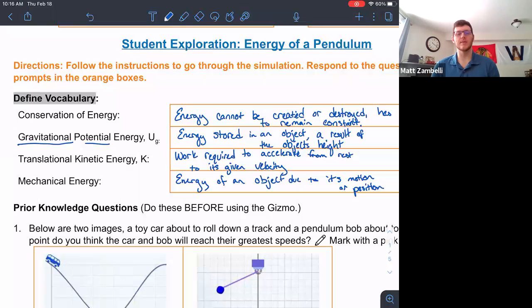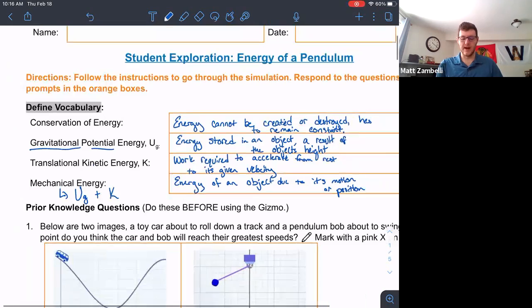All right, and so real quick, I want to look at mechanical energy. It says it's the energy of an object due to its motion or position. And we know that the energy of motion is our kinetic energy, and the energy of its position is our gravitational potential energy. So really, this mechanical energy is just going to be the sum of both of those two. So it's going to be our gravitational potential energy and our kinetic energy, both of those things combined.